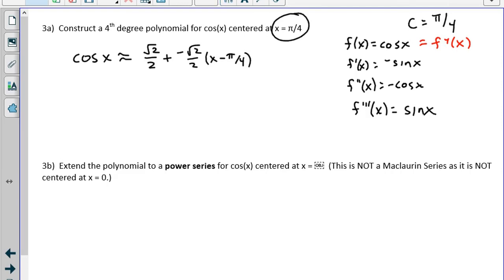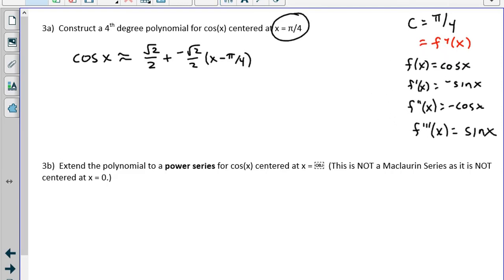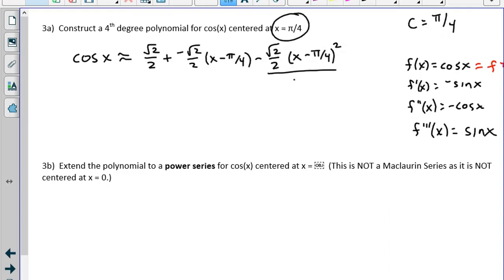I'm going to definitely have to move all of these a little bit over because we're going to run out of room. And then negative cosine, again, negative cosine is going to be negative root 2 over 2 times x minus pi over 4 squared over 2 factorial plus root 2 over 2.